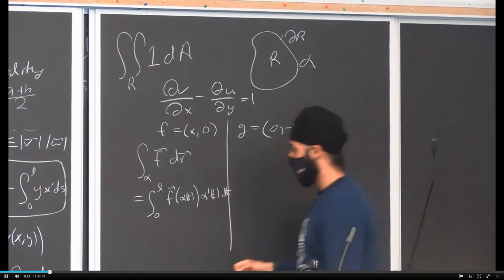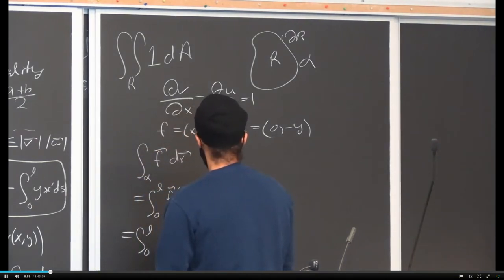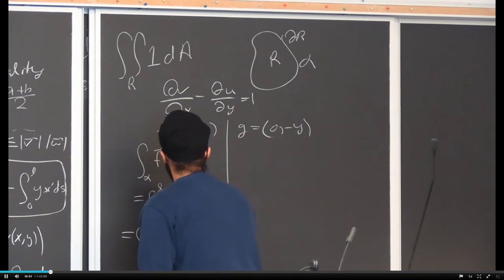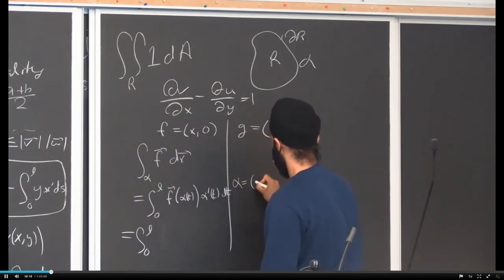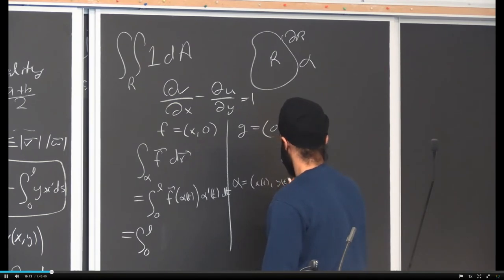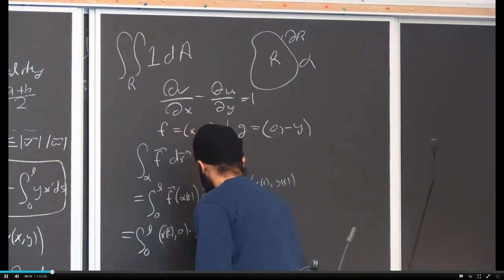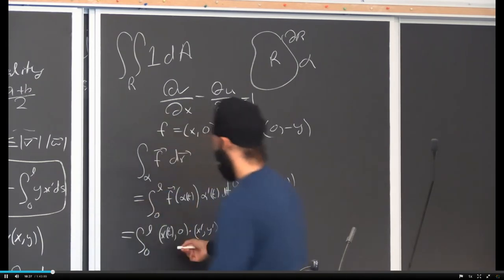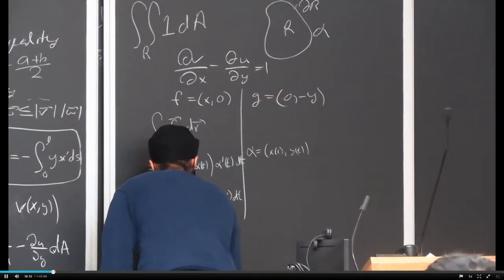Once you plug in the numbers, alpha is equal to (x(t), y(t)). So when we plug it in, we get x(t) over here, comma 0, dotted with x prime, comma y prime, dt. So this is a dot product.